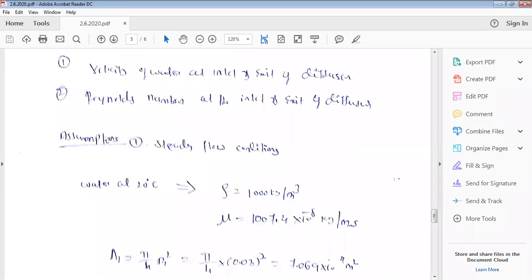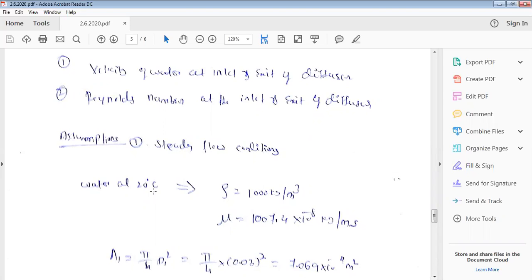To calculate these two, I am making the assumption of steady flow condition. In the sense, there is no change in the flow condition. We need to assume this. By assuming this, from your data handbook, we can get the parameters associated with water at 20 degrees Celsius.